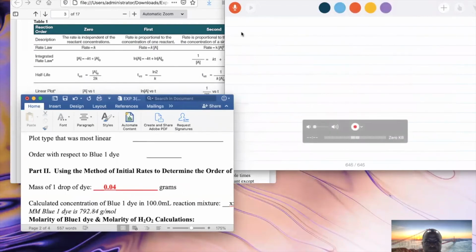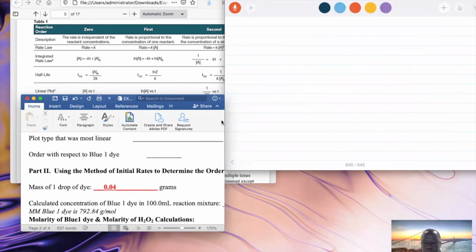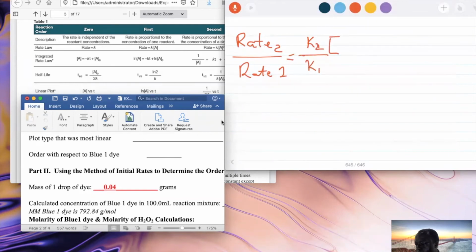If I have run 1 or rate 2, let's say rate 2 over rate 1 is equal to K2 over K1 times the concentration of blue dye raised to M over the concentration of blue 1 raised to M, times the concentration of peroxide, which you are looking for.